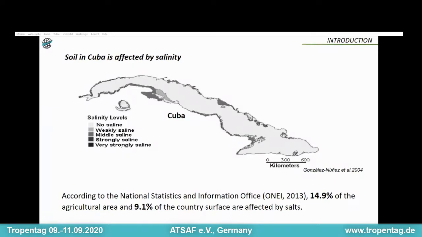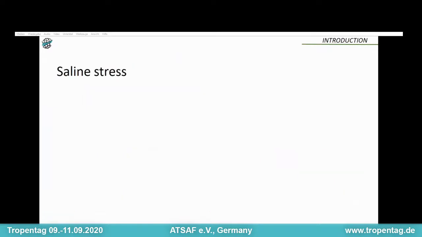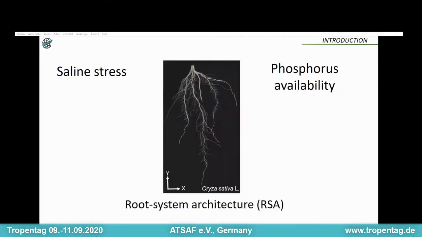Plants exposed to high salinity also suffer from nutrient deficit, like phosphorus. It is known that salinity and phosphorus availability can modify the root system architecture, but there is not much information regarding their combined effect on root system architecture, especially in rice.